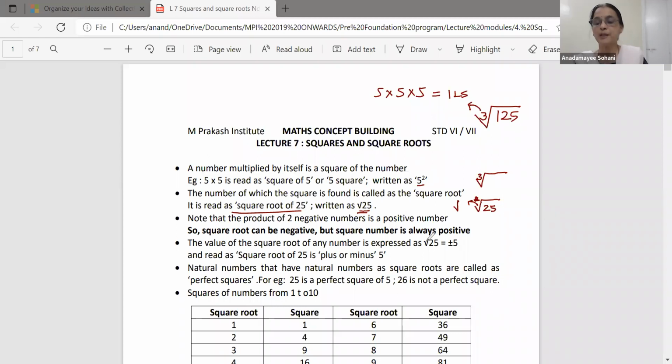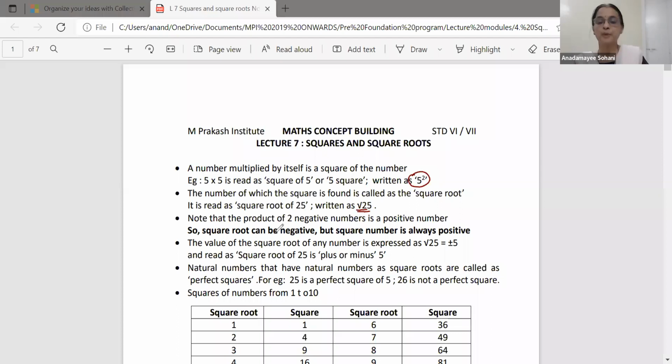Understand the terms? Number multiplied by itself is square, written like this. And the number which is square, the square root of that is our number with which we start, and it is written like this. Now, a very important property about square.